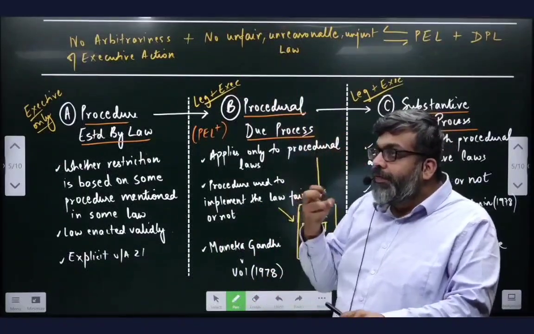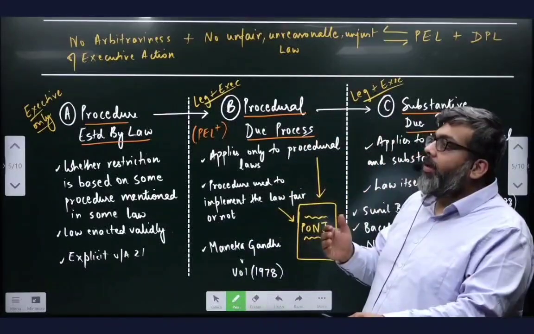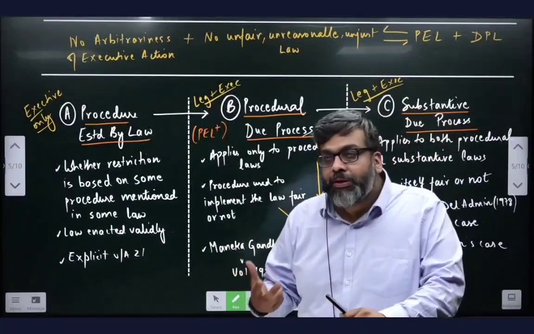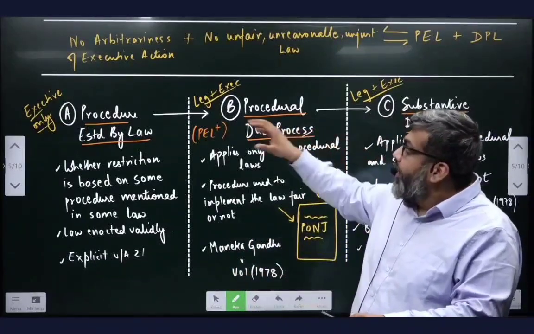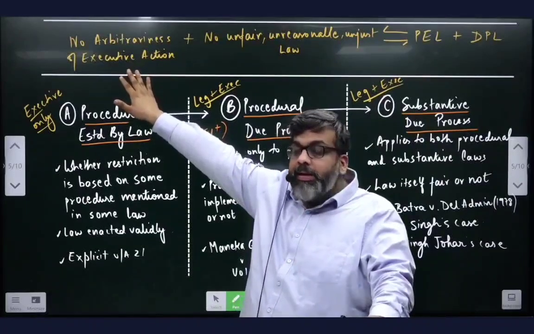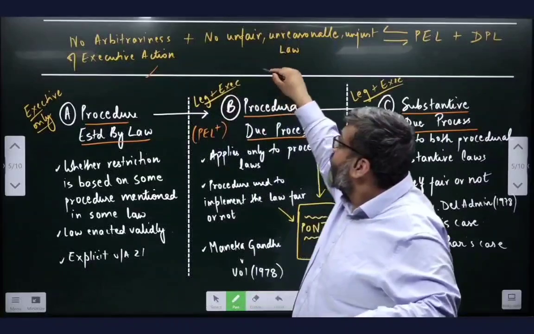When we are referring to due process of law, we are trying to say that anything will pass the test of due process of law if it is able to prove no arbitrariness in executive action and/or no arbitrariness in terms of the law.